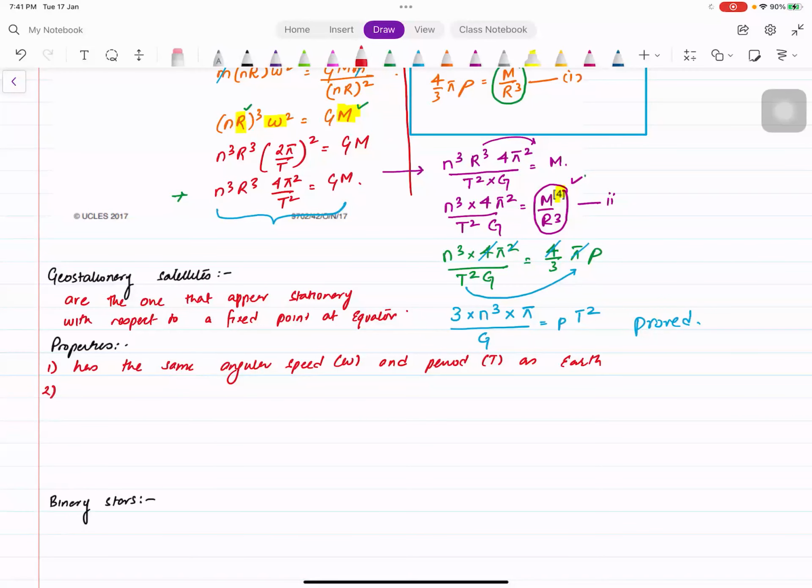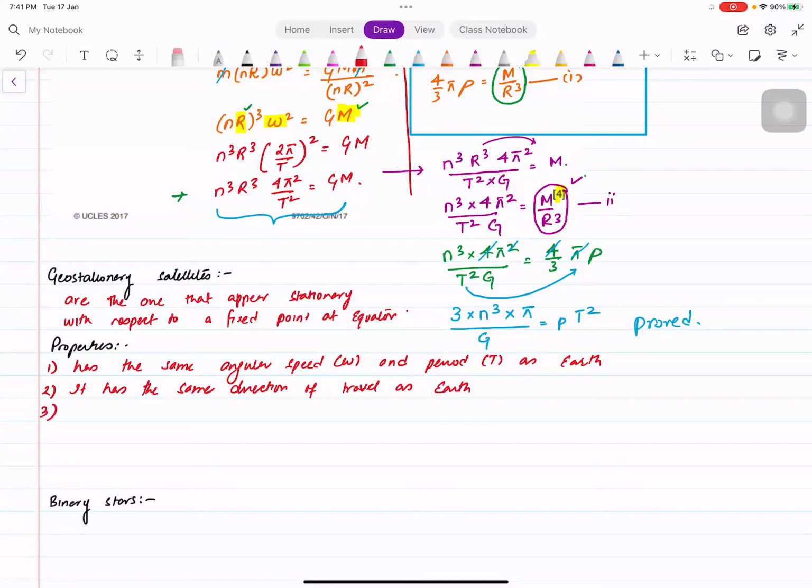The other thing is that it has the same direction of travel as Earth.